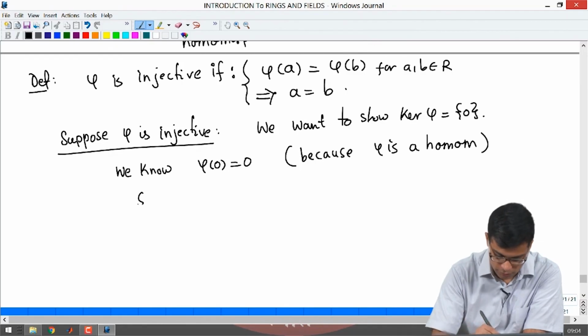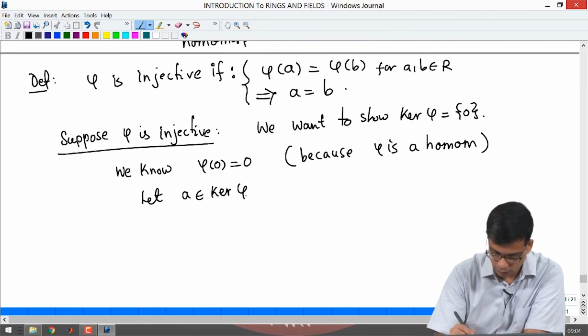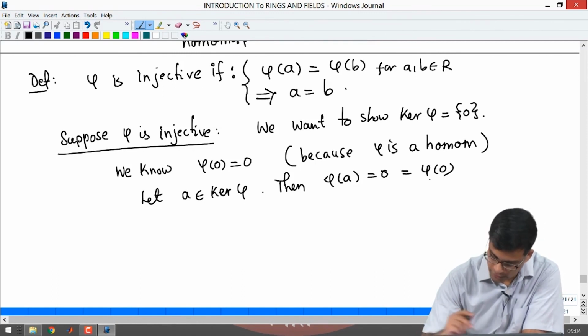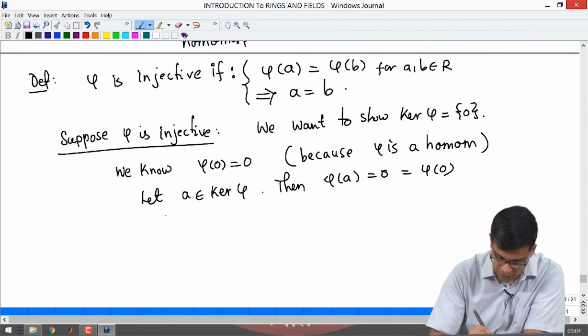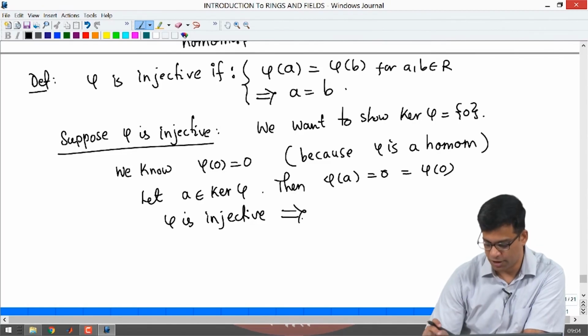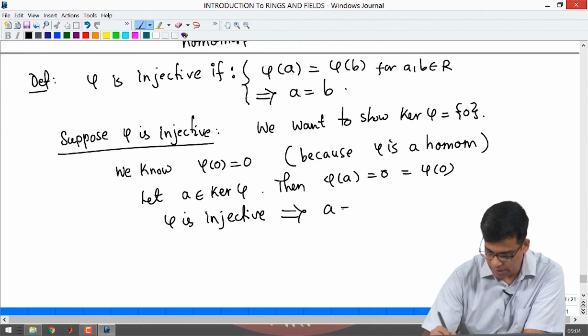Now, suppose A is in the kernel of phi. Then phi of A is 0, but 0 is also phi of 0 as I noted. But now, since phi is injective, which is the hypothesis, and I recalled for you the definition of injective maps, phi of A equal to phi of 0 means A equals 0.